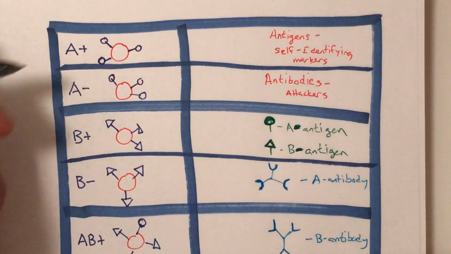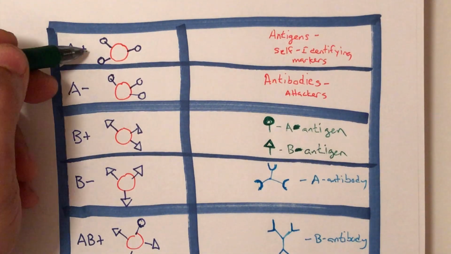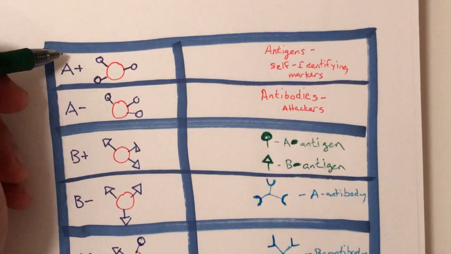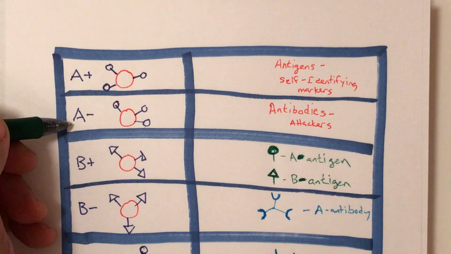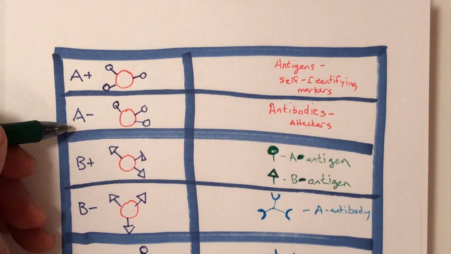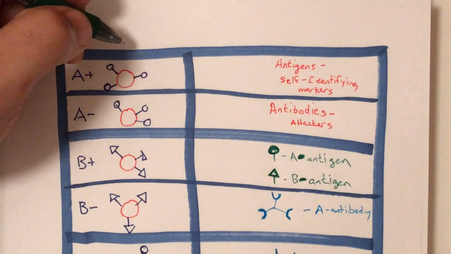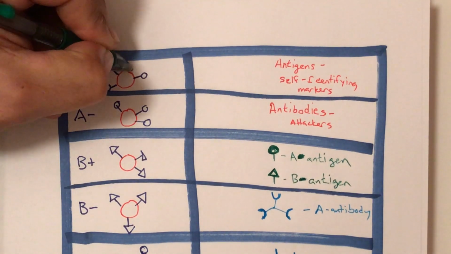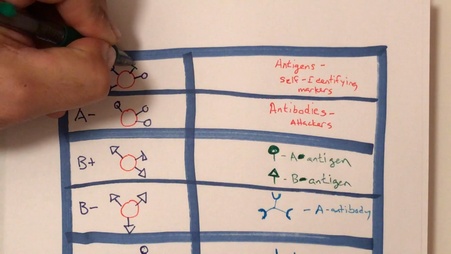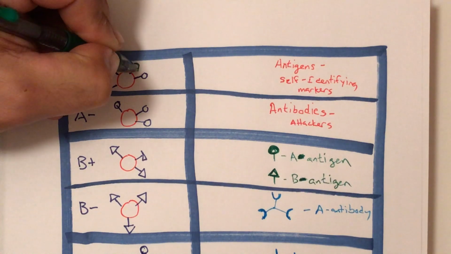And if the person is A positive, that means they have that Rh antigen. And if they're A negative, they don't have that Rh antigen. So since this person is A positive, let's add on that antigen, at least one, to show that.